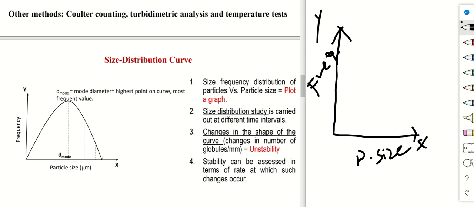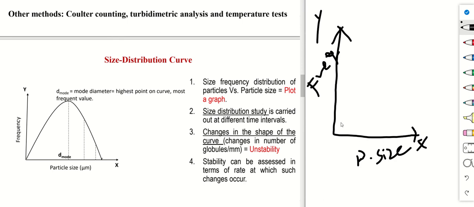Kindly bear with my drawing skills. Now we have data, and from that data we are plotting a graph by taking particle size on the x-axis and frequency, nothing but the number of particles having that particular size, on the y-axis.